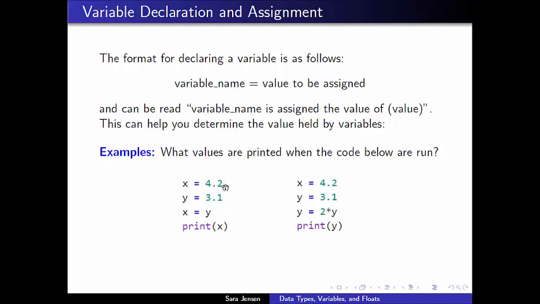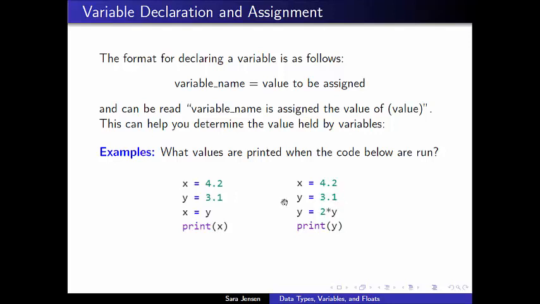So before this line of code, x held the value of 4.2, and this line of code is changing the value of x to whatever the value of y is. So when our flow of control reaches this line, print x, what should be printed is the value of x, and the value of x at this point should be 3.1.